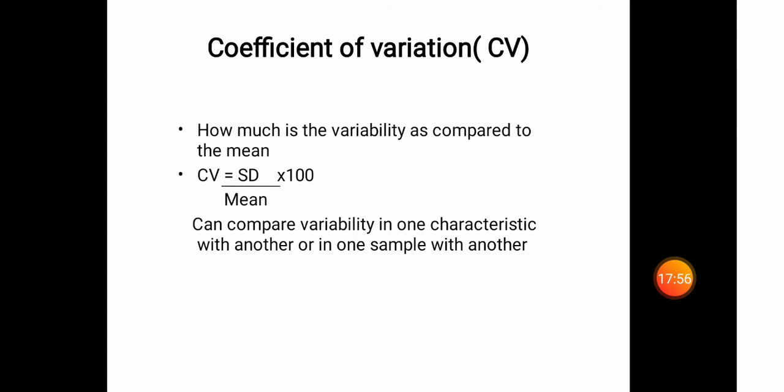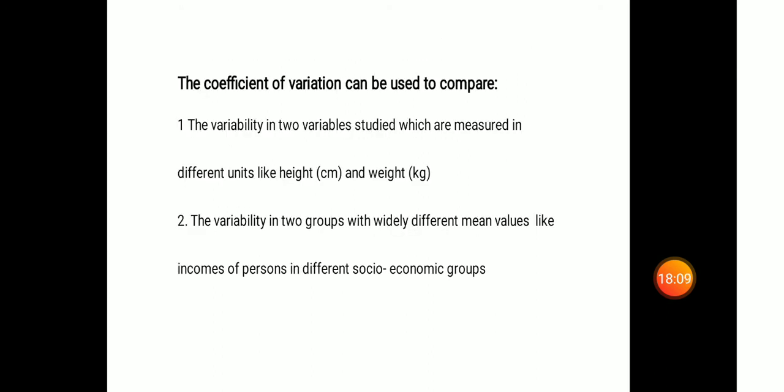Standard deviation divided by mean into 100. So how much it is varying as compared to its mean? That is what you are measuring in coefficient of variation for two sets of data having different units. So it is mentioned here: the variability in two variables measured in different units like height and weight. That is what you will get in coefficient of variation.